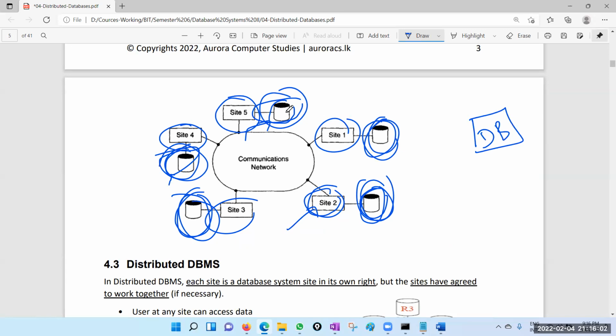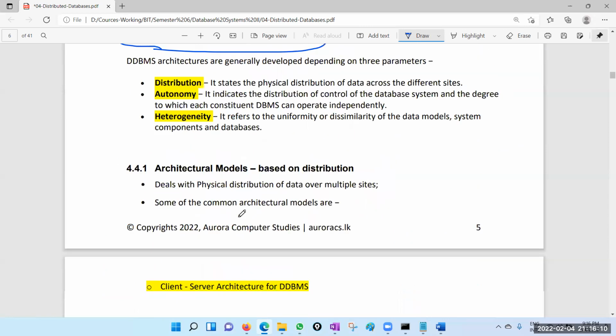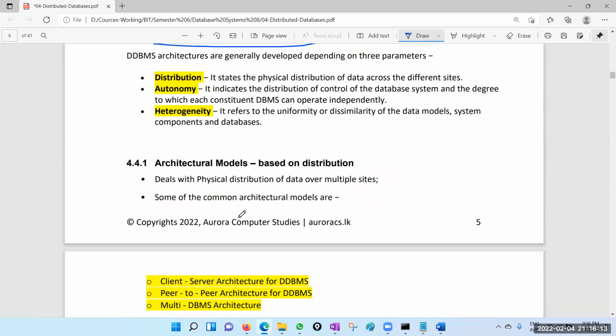Those are more complicated because there are mismatches in the technologies as well. Homogeneous distributed database, heterogeneous distributed database.